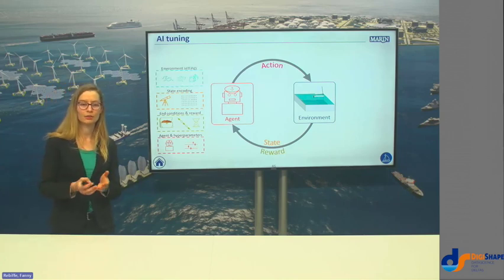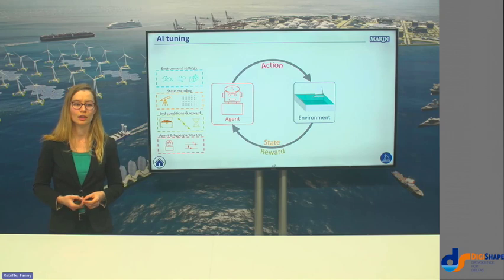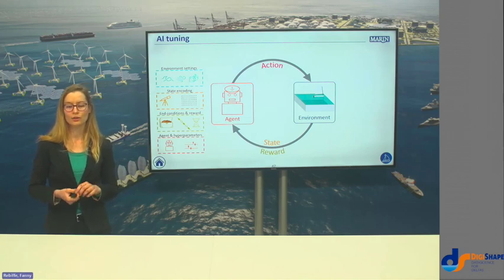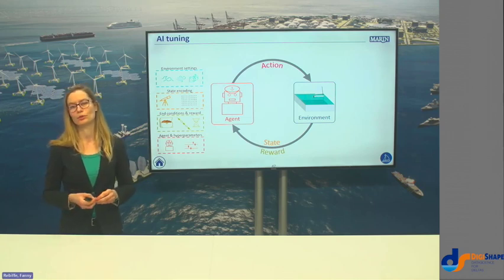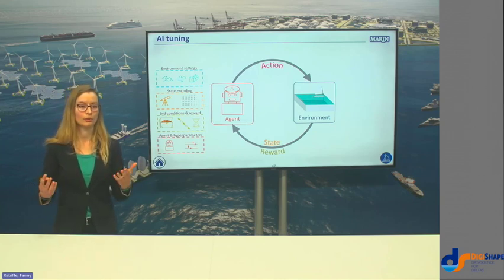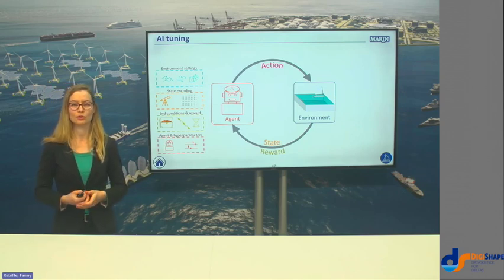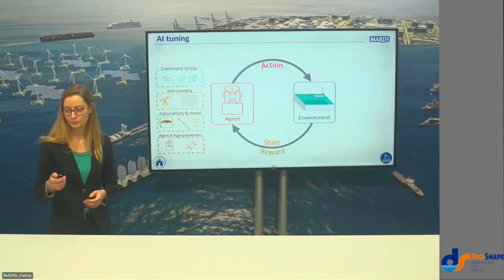Finally, the environment you train your agent in also has a huge impact on the behavior of your agent. If you want your agent to be able to adapt to new conditions, you can randomize, for example, the wind conditions or the initial position and things like this.